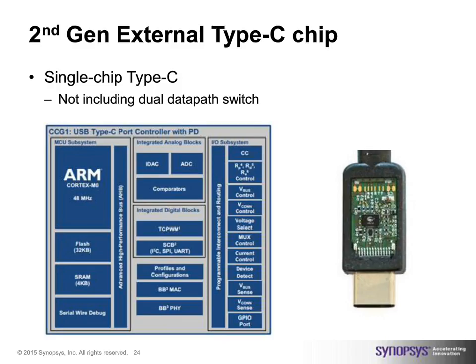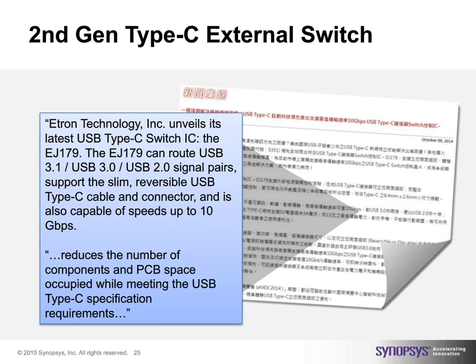And here we have another second generation external switch, this time from a company called e-tron Technology. So all of what I've shown you so far is freely available on the web. You can search out information on solutions that might be suitable for your product.